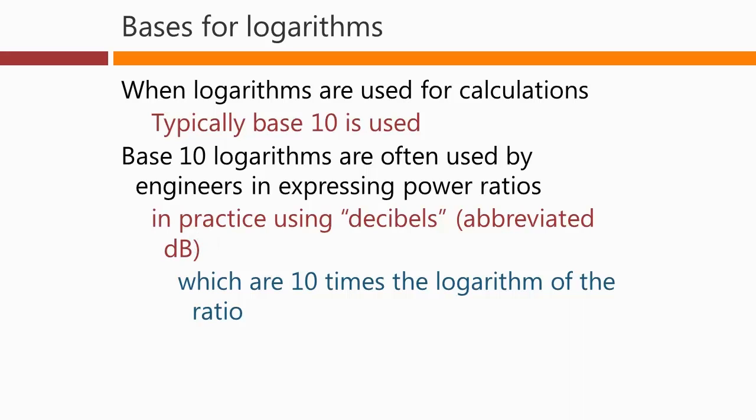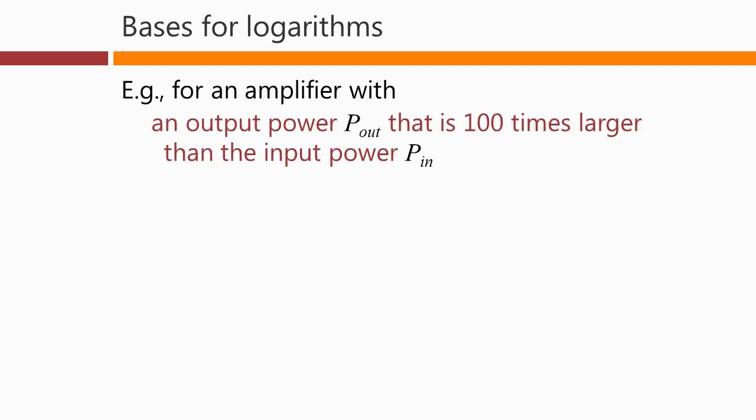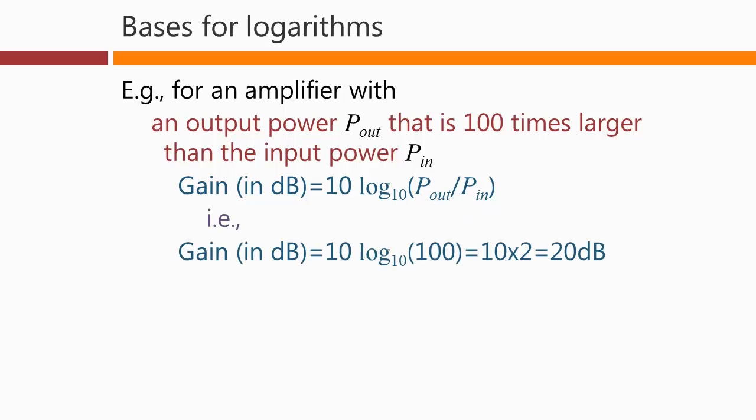And the decibels are 10 times the logarithm to the base 10 of the power ratio. So, for example, suppose we had an amplifier whose output power, P out, is 100 times larger than its input power, P in. The gain in decibels would be expressed as 10 times the logarithm to the base 10 of the gain of the amplifier, the output power divided by the input power.